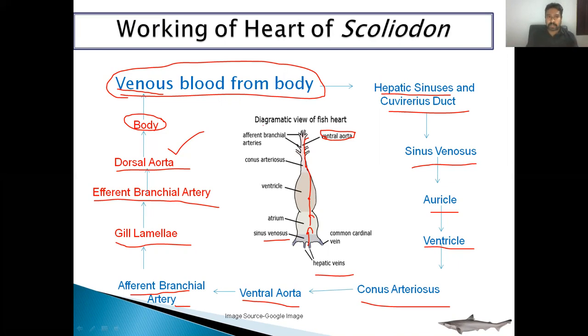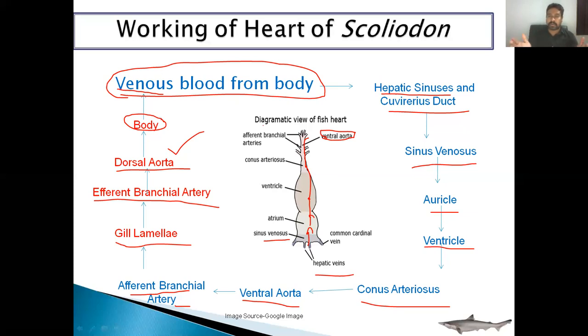So if we summarize, the heart of Scoliodon is a part of the circulatory system. It is a modified muscle fiber, and the function of the heart is the pumping of the blood. Its position is beneath the pharynx region, and it is a two-chamber venous type of heart, S-shaped, covered by pericardium, and having two primary chambers, auricle and ventricle, supported by two accessory chambers, sinus venosus and conus arteriosus.